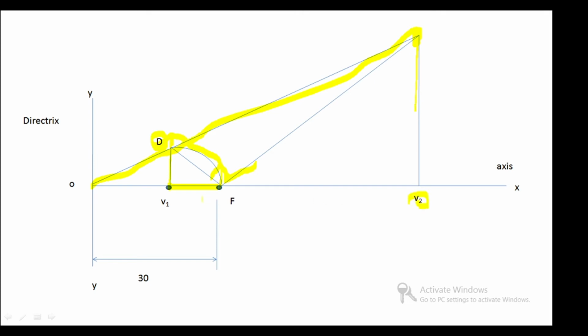V1 is the left point of the ellipse, and V2 is the right extreme point of the ellipse. The ellipse is located in between V1 and V2.